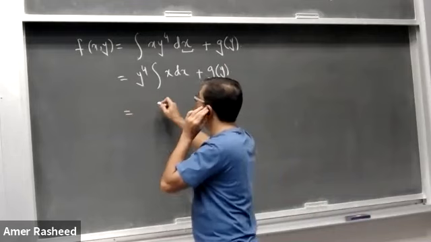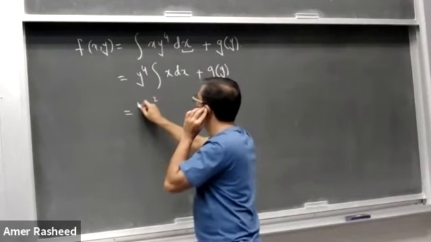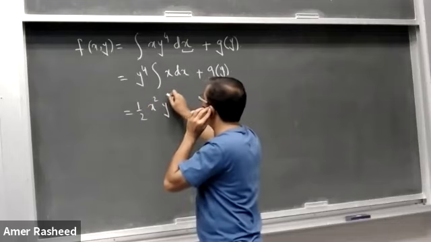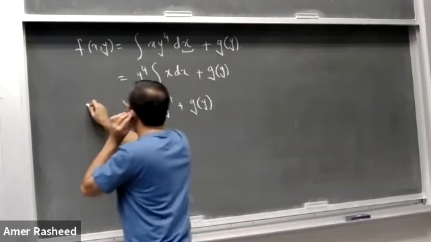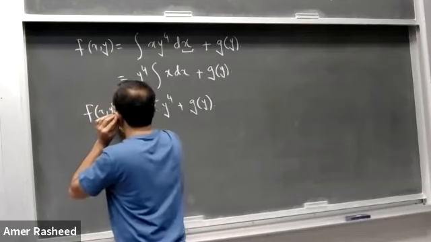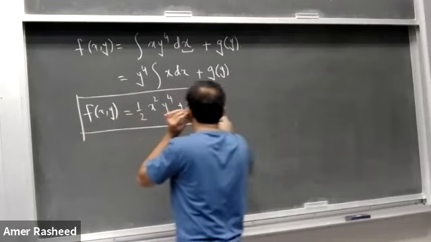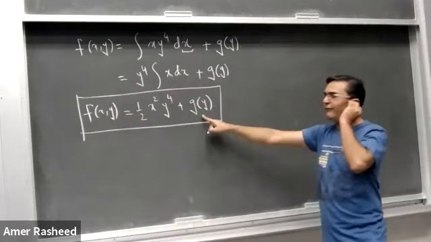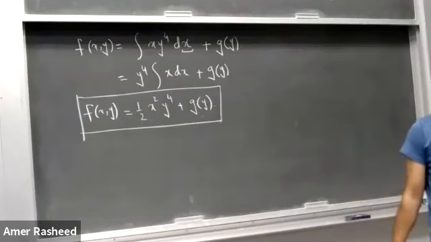Now this can be integrated. It is y^4 times x^2 by 2, that is 1 by 2, x^2 y^4, plus g of y. So this is your f of xy. But the only thing which is unknown here is g of y. So we need to compute g of y first.